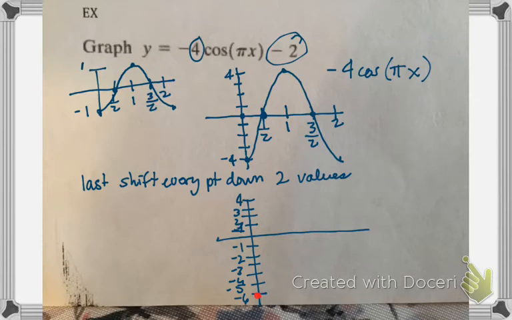Okay, at 1/2, I had 0. Shifted down, I now have negative 2. At 1, I have 4. Shift that down, I now have 2.